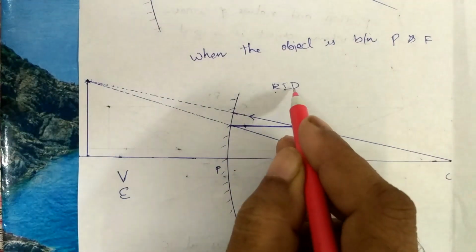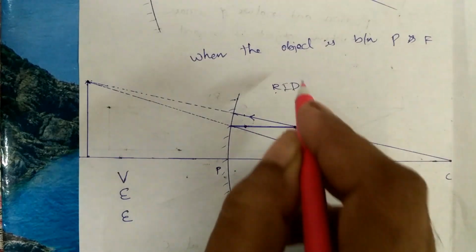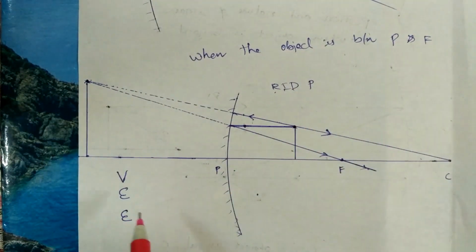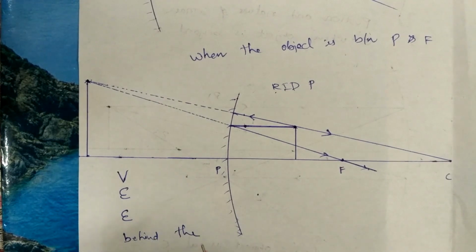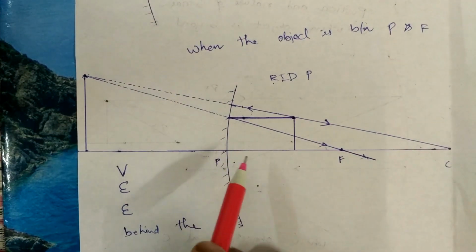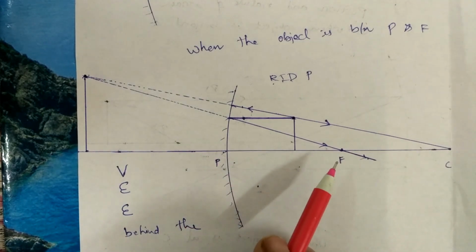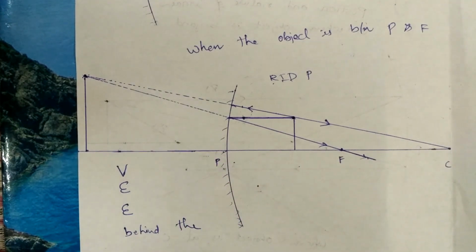Erect image will be formed. Diminished or enlarged. Enlarged image will be formed. Last, position. Where is the position? Behind the mirror, right? So these are the characteristics of the image formed by a concave mirror when the object is between P and F.